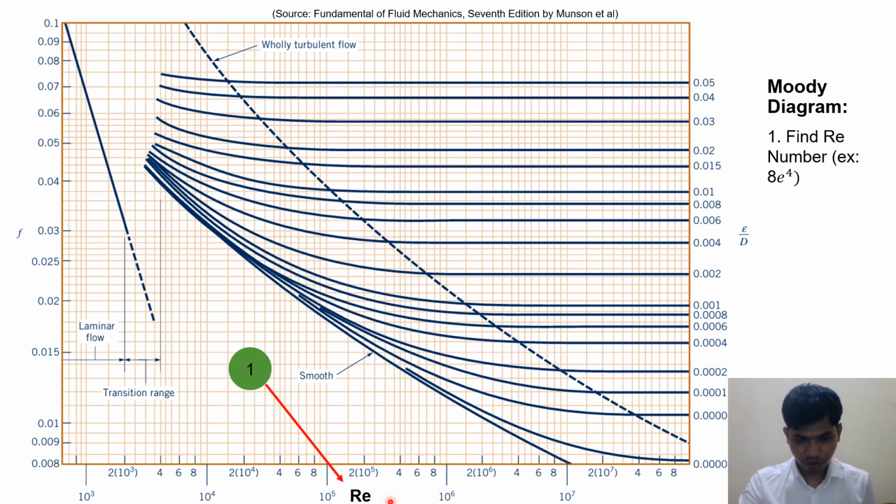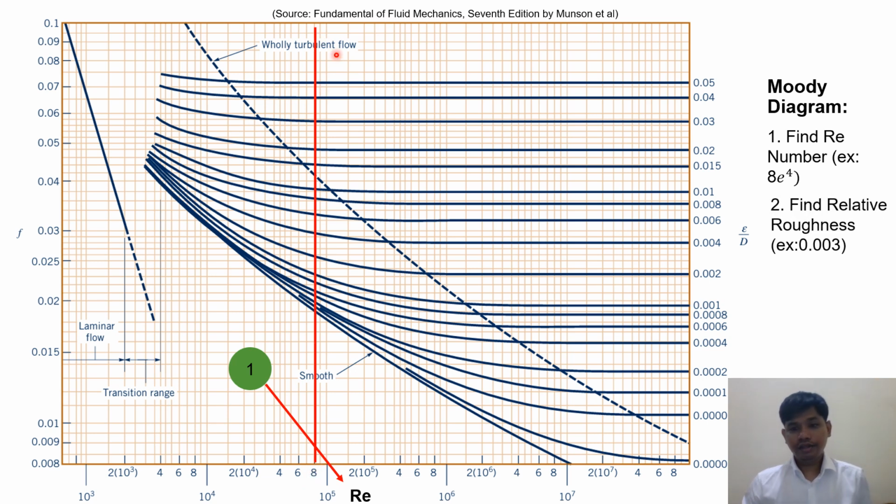So for example, this is the Reynolds number. Since we have this Reynolds number, we can use the line at these positions. Okay, this is the Reynolds number line.